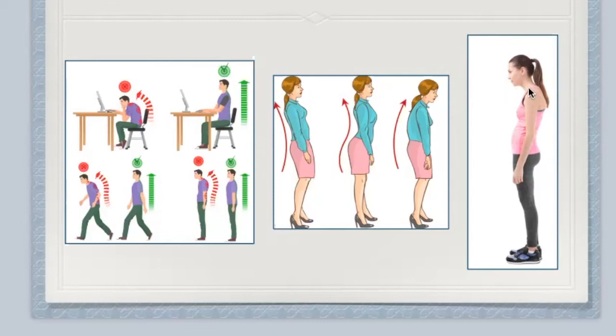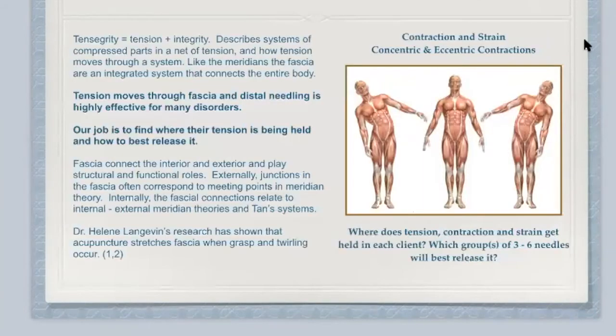So if they're always doing that, right, then these muscles here, like the SCM, this is going to be in chronic contraction, whereas these muscles in the back are going to be in chronic strain or eccentric contraction. So that's another thing that I talk about in the course as well, is contraction and strain, concentric and eccentric contractions.